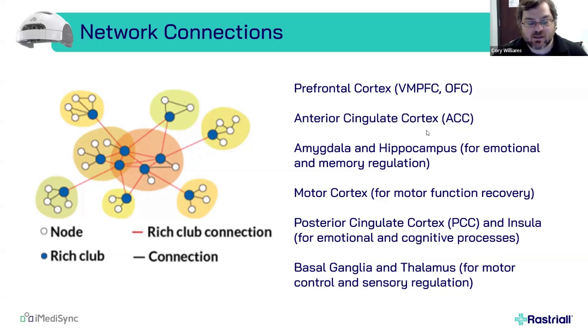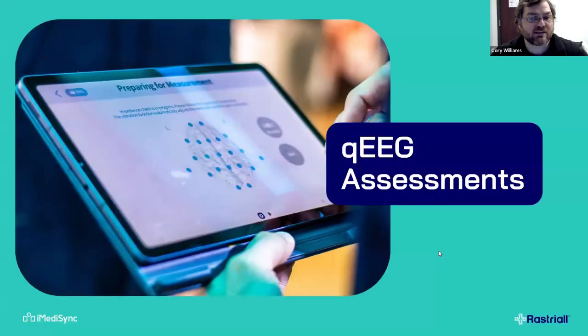The anterior cingulate, which is the hub of executive function, the amygdala, which is the threat detection center, the hippocampus for memory, the motor cortex, the posterior cingulate and the insula, which are involved in interoception and emotional processes. So a lot of different areas of the brain will get change from a TMS session, even though it's targeting one small area specifically.